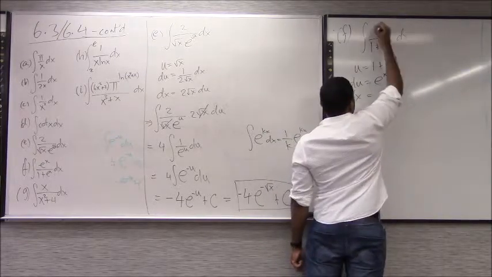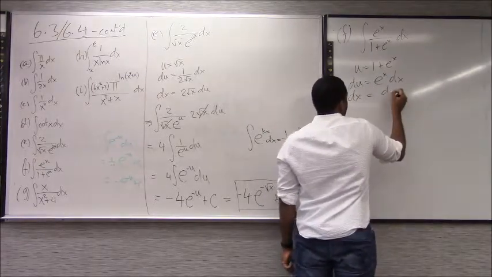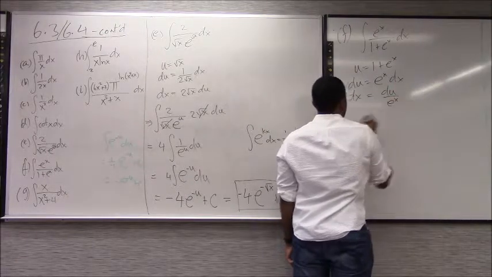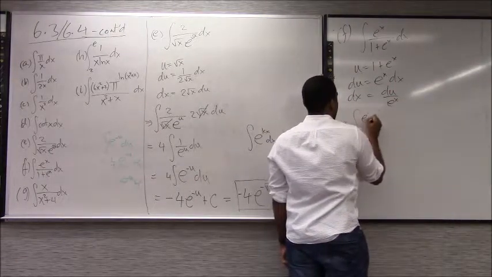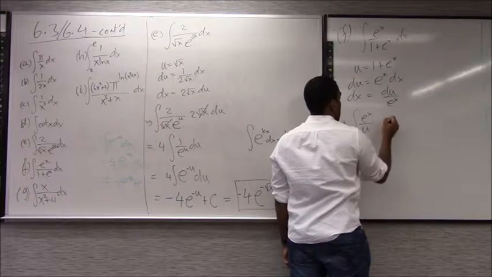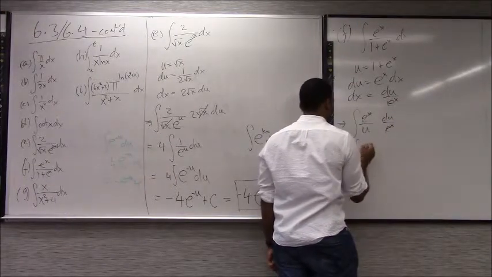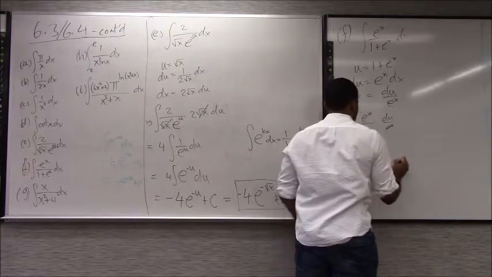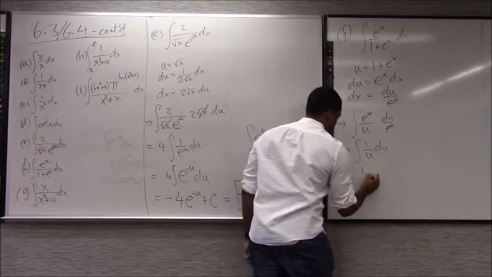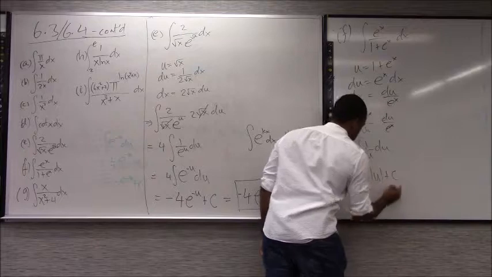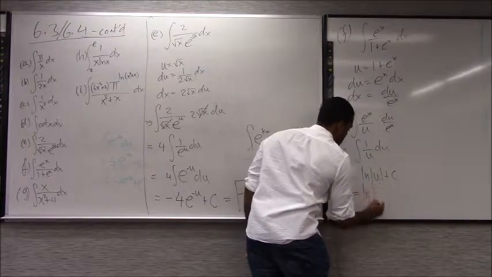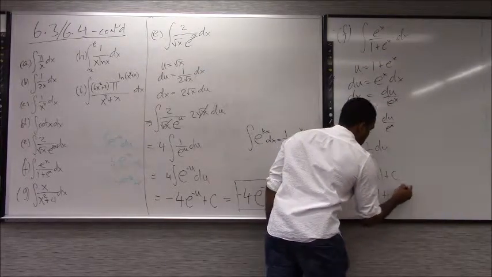But I see the e to the x dx right here, but if you're partial to doing it this way, you can do that. So here you have e to the x over u times du over e to the x. The e to the x is cancelled. That just becomes 1 over u du. That's a linear function, so that becomes ln of u. So this becomes ln of 1 plus e to the x plus c.